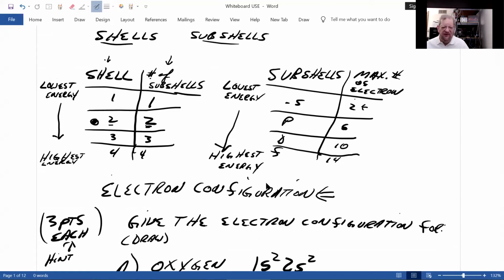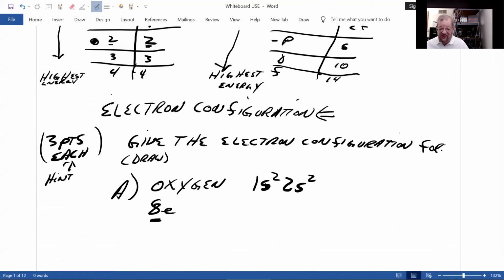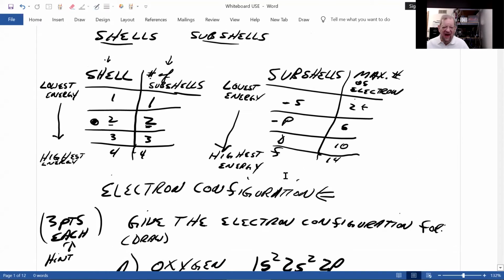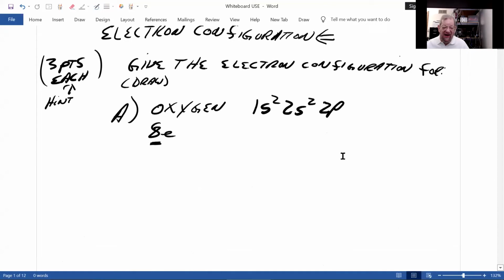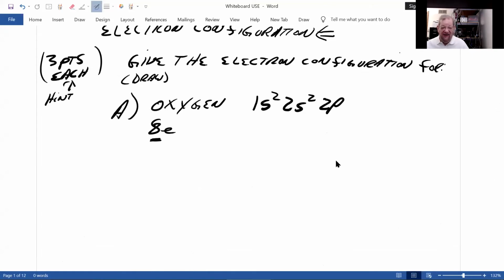How many subshells does 2 have? 2. The first one is 2s, and the second one would be 2p. Well, I'll put that down. How many electrons maximum can I put in any p orbital? 6. How many do I have to do? Well, I've got 2, 2, so 8 minus 4 equals 4.